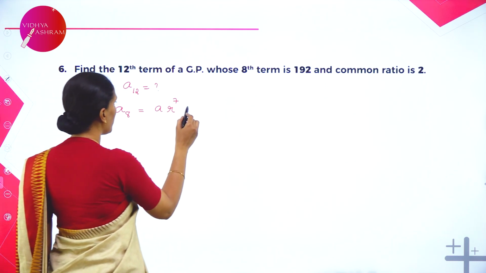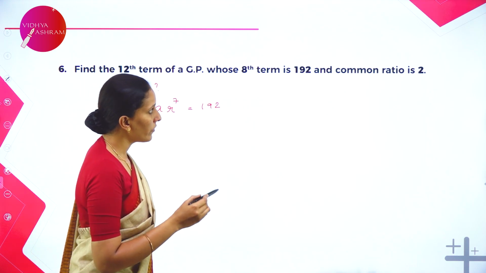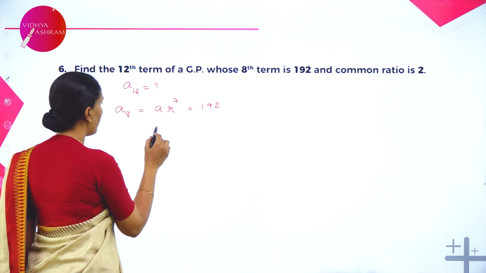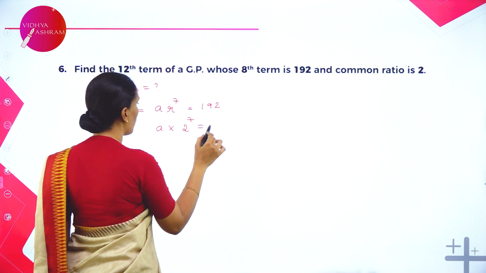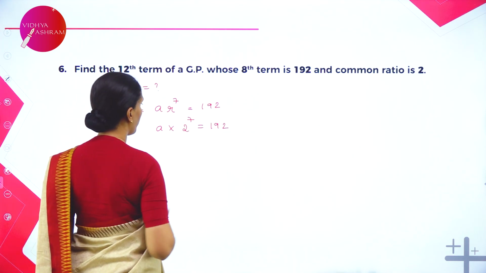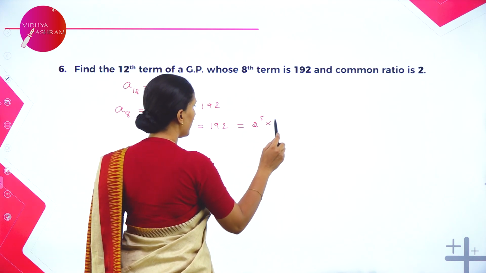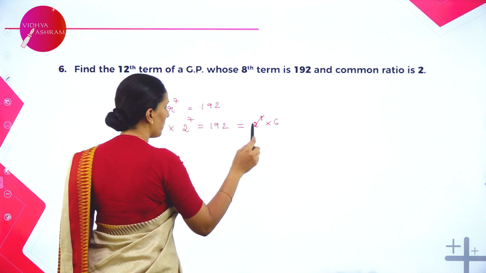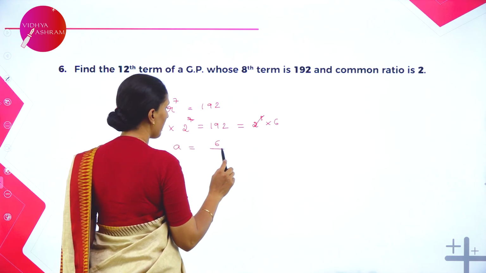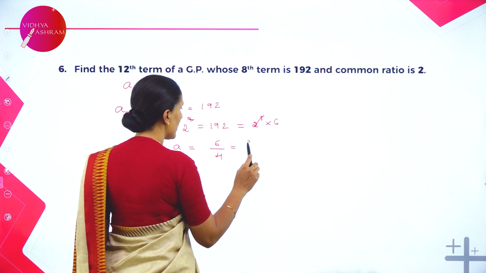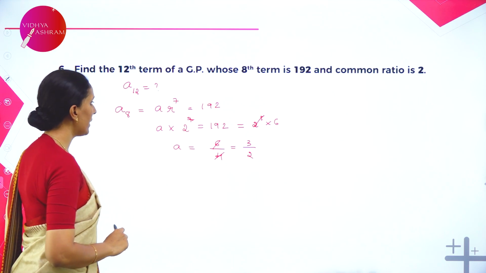And this is equal to 192. They have given the common ratio is 2. Therefore A into 2 power 7 is equal to 192. Now 192 can be written as 2 power 5 into 6. So 2 power 5 cancels here. So A is equal to 6 divided by 4. We can write this as 3 divided by 2. So the value of A is 3 divided by 2.